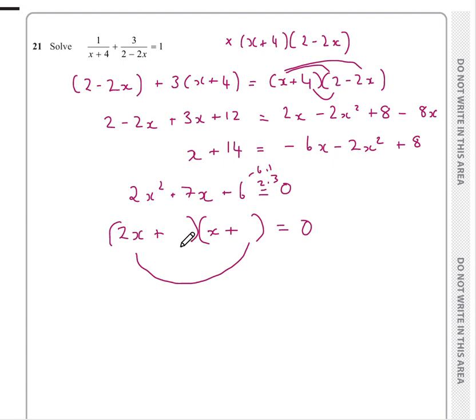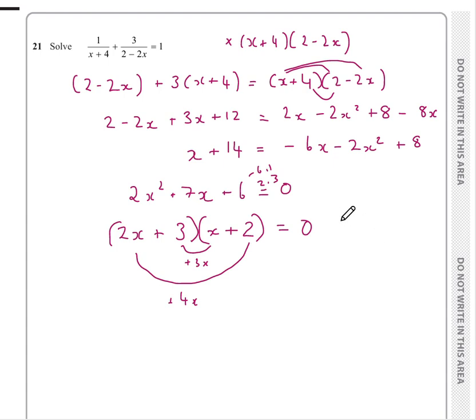If we think about these pairs, 2 times 2 is going to give me 4x here, and if I put the 3 here, it's going to give me plus 3x. So overall, that would give me 2x squared plus 7x plus 6.